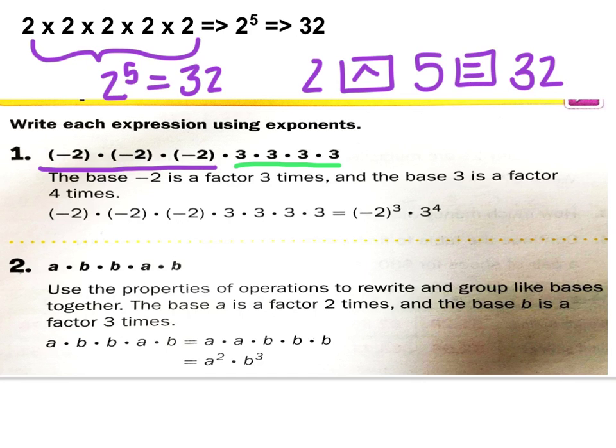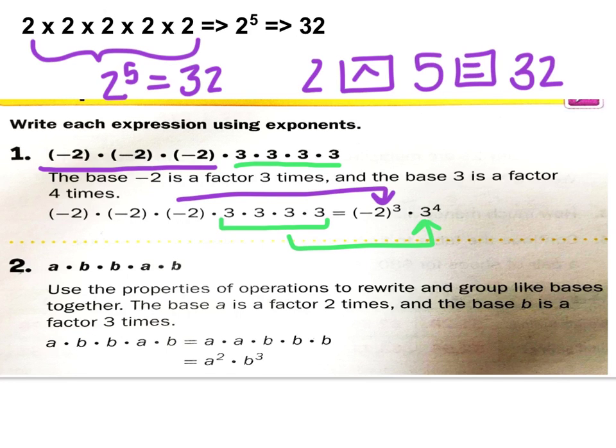So I can combine all that together into one pretty little expression. Like I said, we have -2 times -2 times -2. We can rewrite that as -2 to the 3rd power. And then since we're multiplying, we bring over a multiplication sign, and we can combine this piece, our 3 times 3 times 3, as 3 to the 4th power.